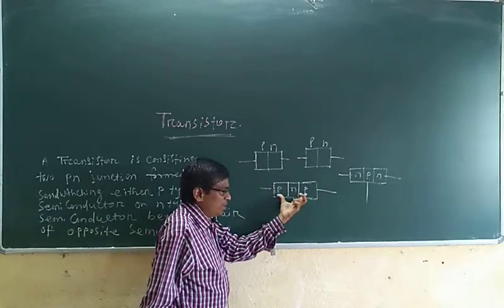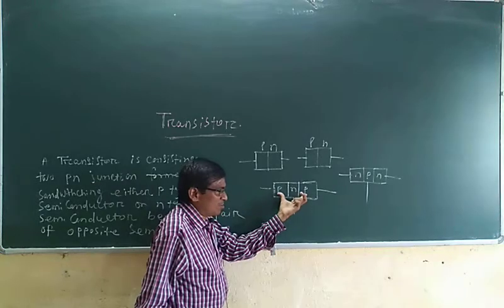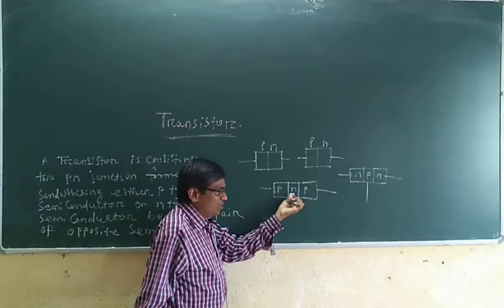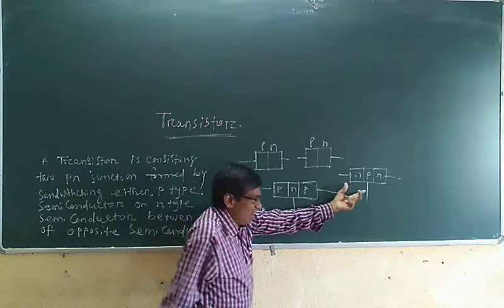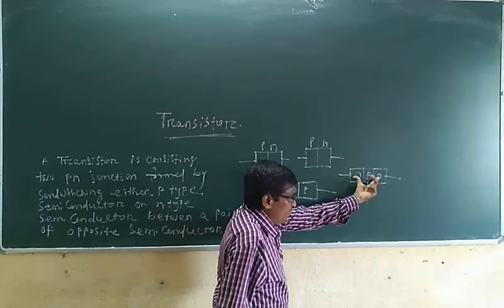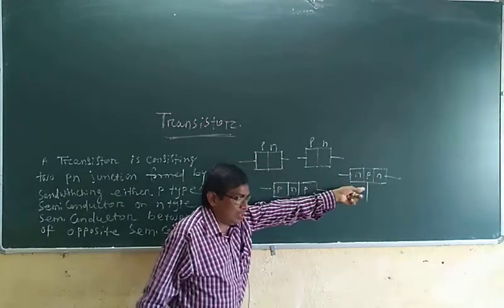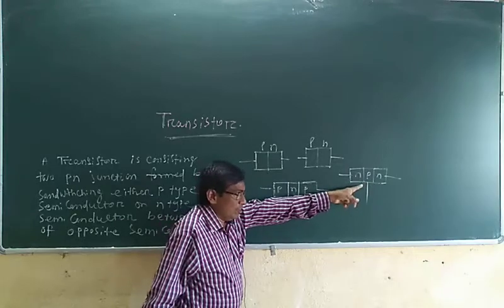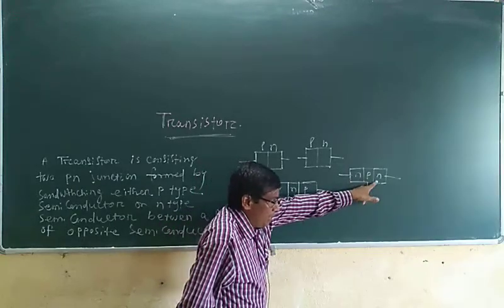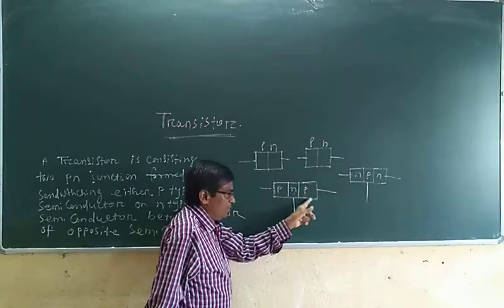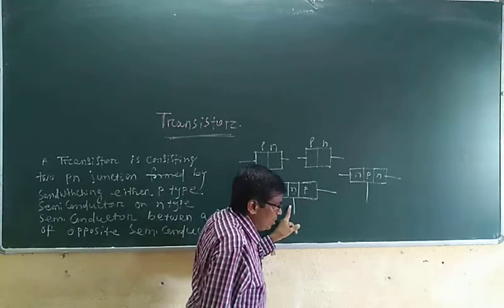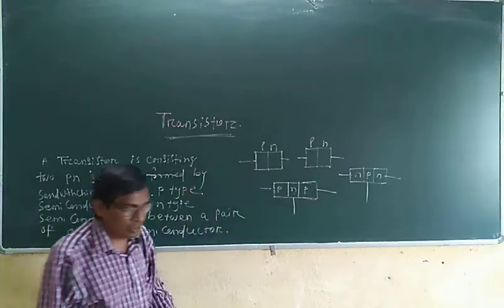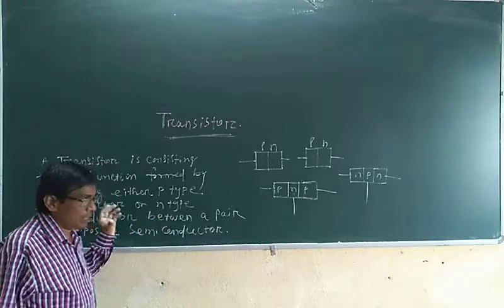Here two P type semiconductors are sandwiching N material, and the two N materials are sandwiching P material. Here NPN and PNP are two things formed, which is also known as transistor.